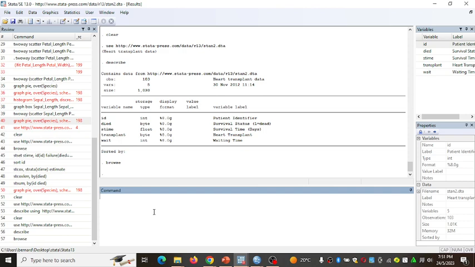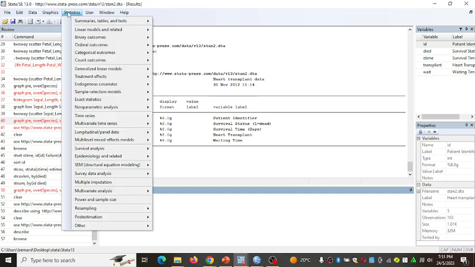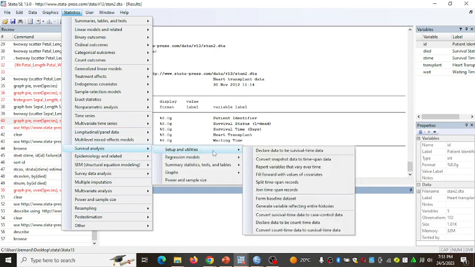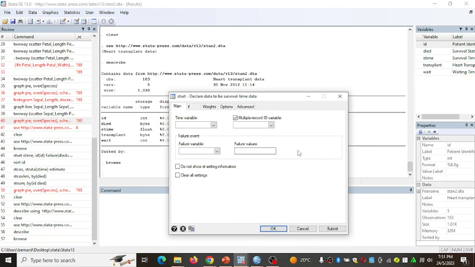So you can just click on statistics here, go to survival analysis, click on setup utilities, and declare data to be survival time data. Declare your data to be survival time data. So just click OK.